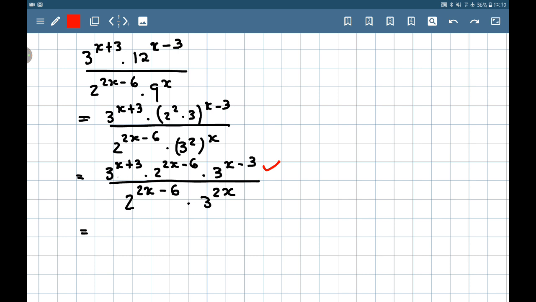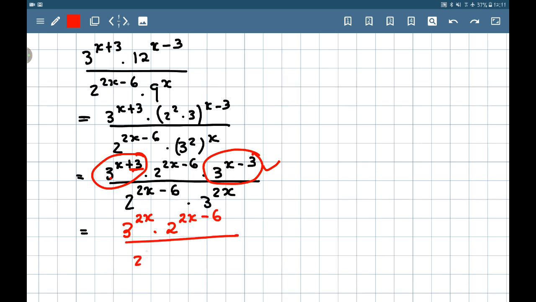So now, let's look into this. Look at that and that. That can be added together, right? Those are the same bases. So we're going to have 3 to the power 2x, because 3 minus 3 will give us 0. Right? And then we get the other one as 2 to the power 2x minus 6, all over 2 to the power 2x minus 6 multiplied by 3 to the power 2x. And the answer here is 1. Are you following?